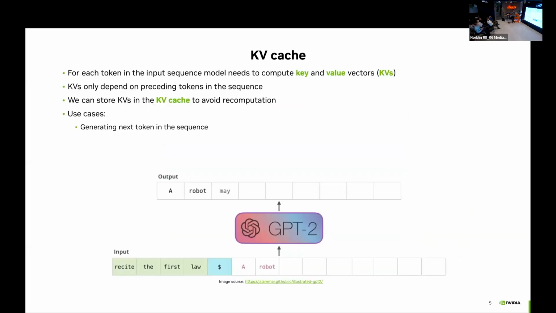I will start by briefly giving an introduction to what exactly the KV cache is, because it's behind most of the Dynamo components. It's all about KV cache movement, KV cache offloading, and so on. I assume you have some basic idea of how an LLM works, but all you need to know is that it predicts the next token.